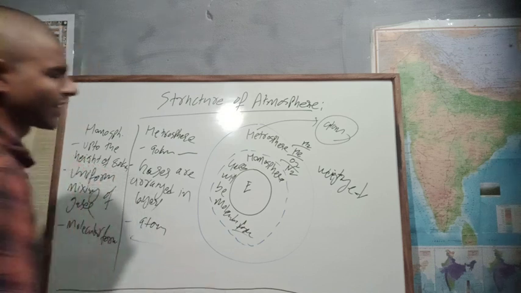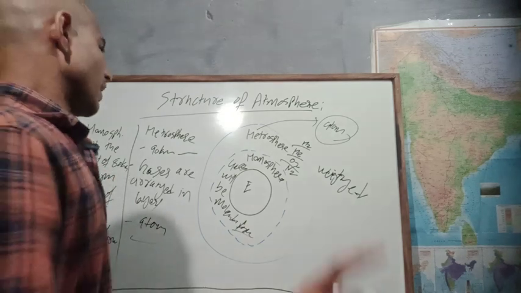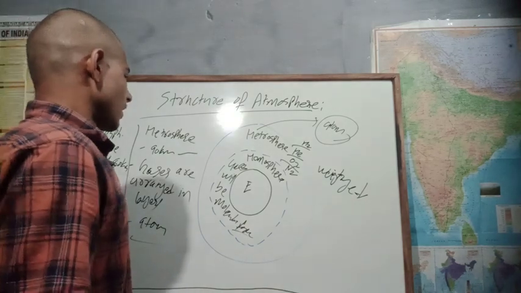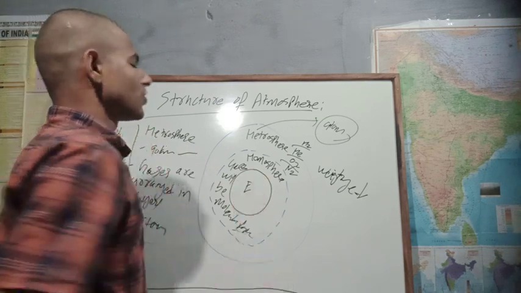Fine. And this homosphere is divided into three layers. Now, what are these three?